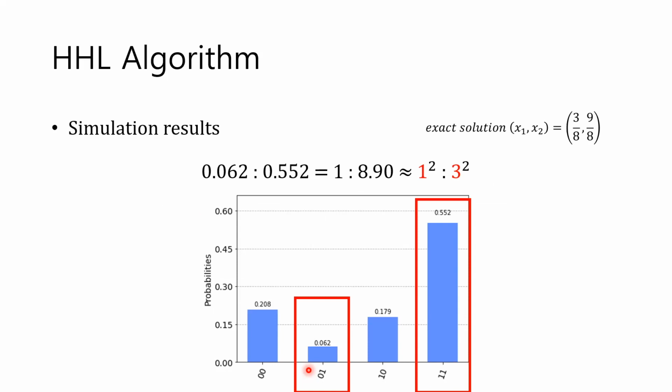This is something I didn't mention. This is just a demonstration example.